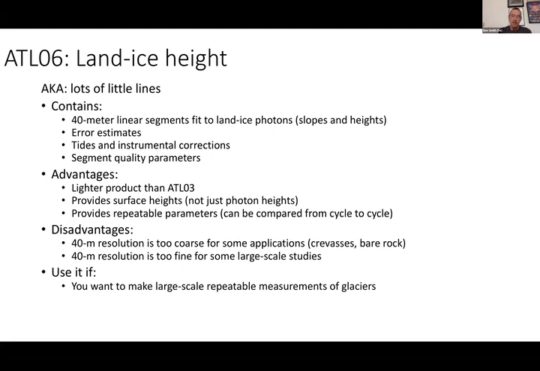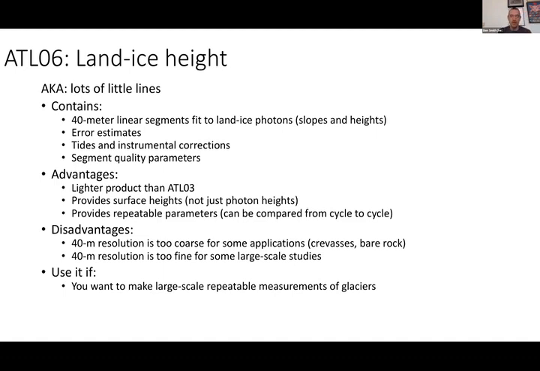The advantage of this is that it's a lighter product than ATL03. So instead of having to download every photon, you just download these estimates of where the surface height actually is. It gives you surface heights, where ATL03 just told you how high the photons were. Now we're telling you how high we actually think the surface is. And it gives repeatable parameters.